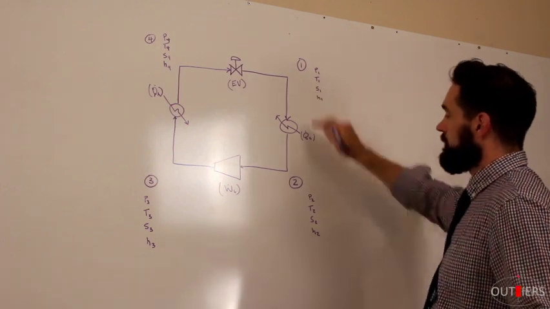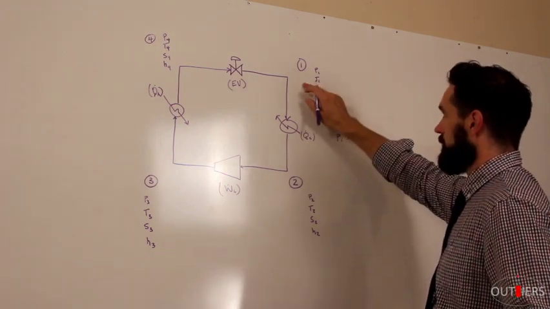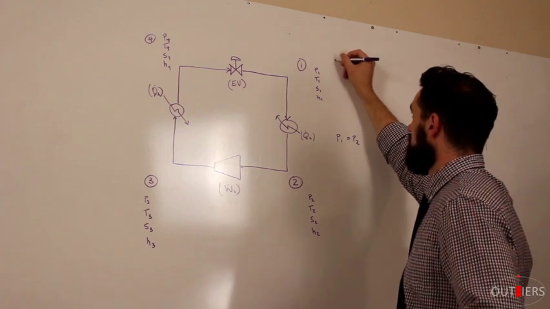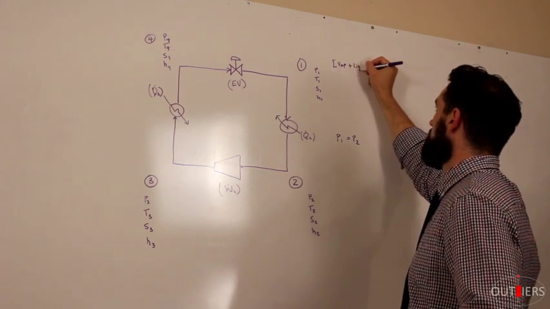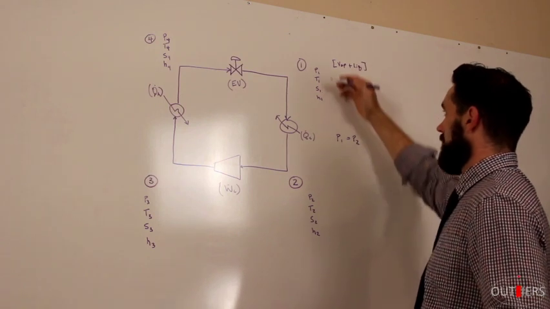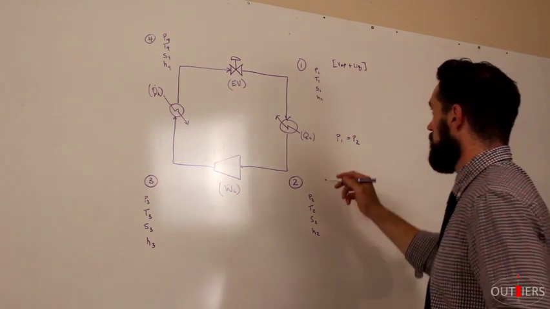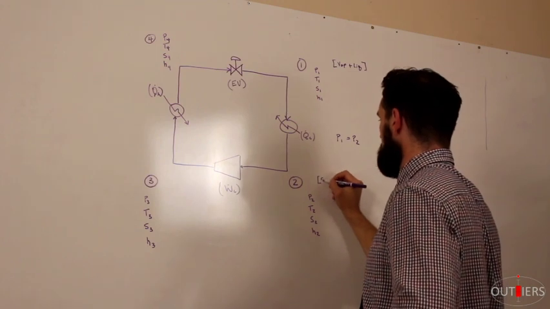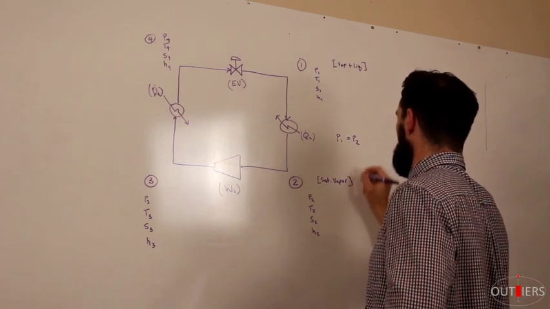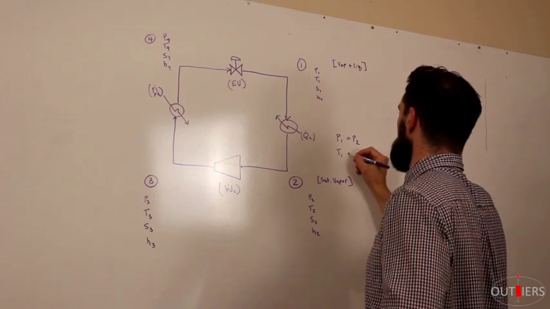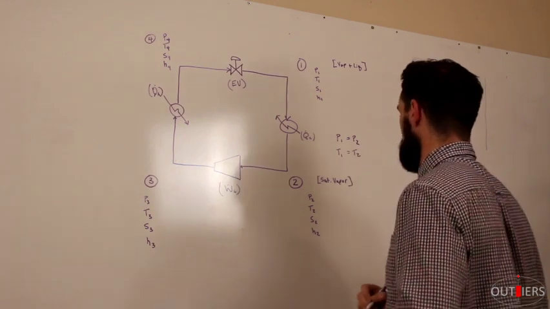Remember, because we assume that we're still at vapor-liquid equilibrium, up here we have vapor plus liquid. And again, we have isobaric cooling. We come all the way to saturated vapor. Remember, that also means that T1 equals T2.